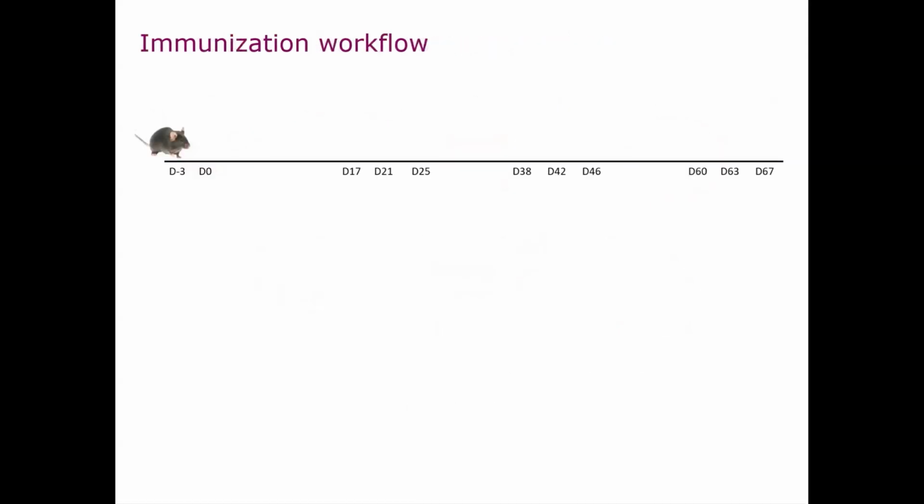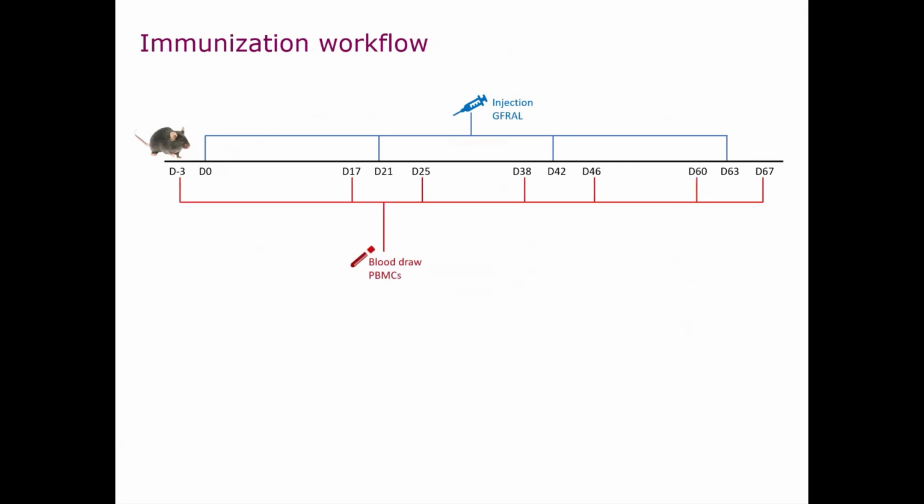The immunization workflow that we used in Sanofi is represented here. We had 5 humanized mice that we injected with 4 shots of the target GFRAL, which is a receptor. Then we collected blood samples every time, 4 days before and after each injection.